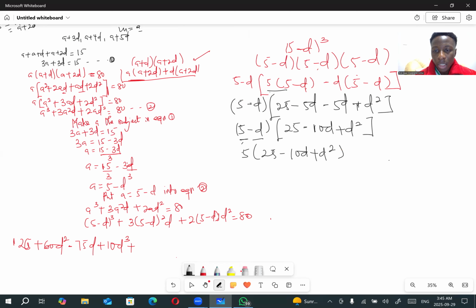Then you pick your minus d, you use it to multiply everything in the other bracket. Do you have any question about this? If you pick 5, you are left with a minus d. 5 should multiply everything in the other bracket. Same applies to minus d. Any question?